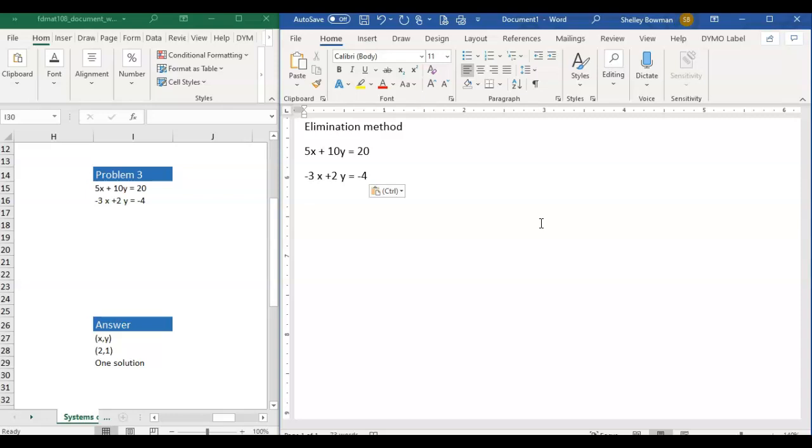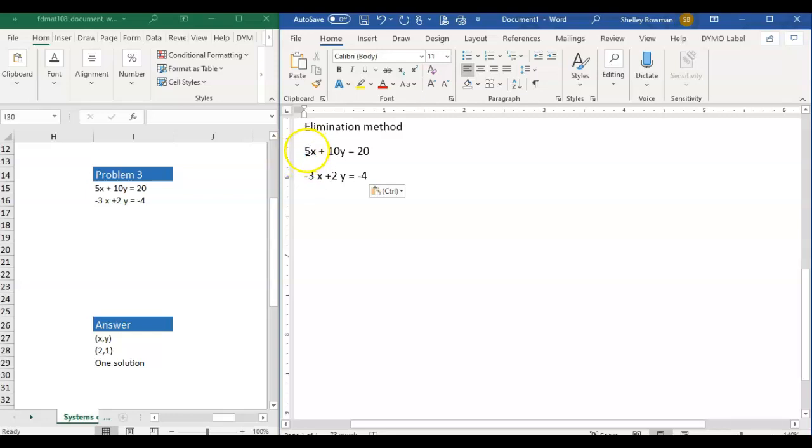But before I do that, I want to get rid of one of the variables so that when I add, I'm just left with one of the other variables, and it makes it really fast. So I look through these. 5 and -3 aren't really nice to make one or the other.